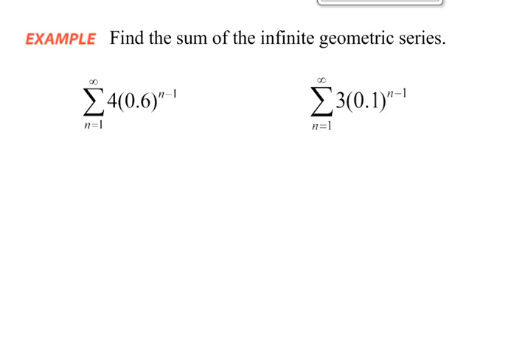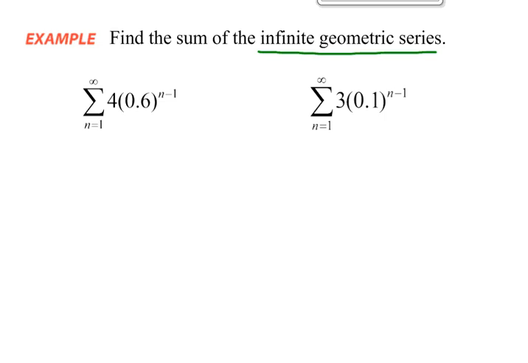All right, here we have two examples. The directions say find the sum of the infinite geometric series. So right off the bat, the directions themselves are telling us that we have an infinite geometric series. But if the directions didn't tell us that, if we had to decide for ourselves, we could, just by looking at the problem itself.